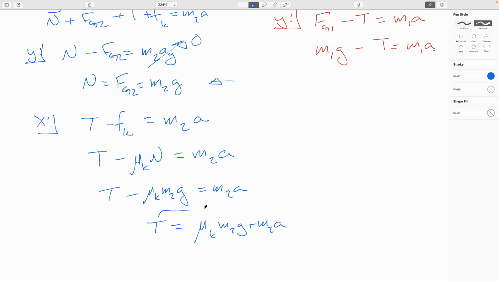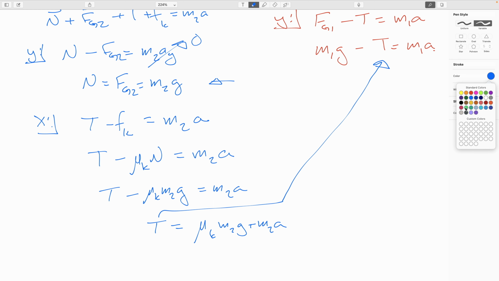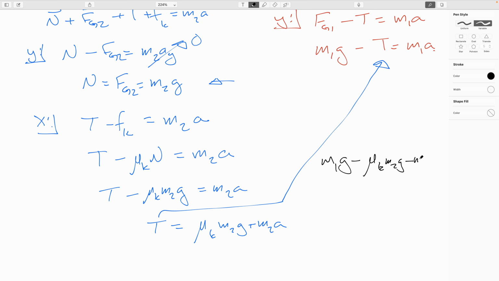And I can take that result and put it in there. That will give me m1g minus mu k m2g minus m2a equals m1a.